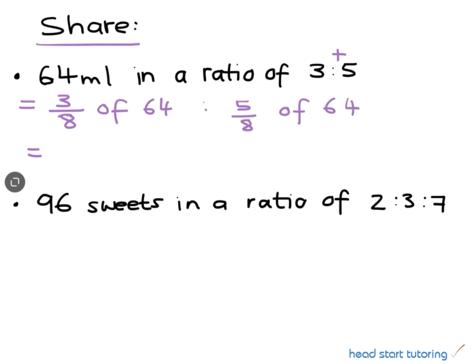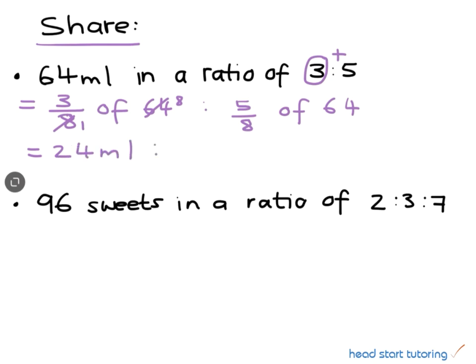So if I work out three parts of my whole, so 3/8 of my 64, I end up with 8 into itself once. 8 into 64 goes 8 times. 8 times 3 is 24 milliliters.